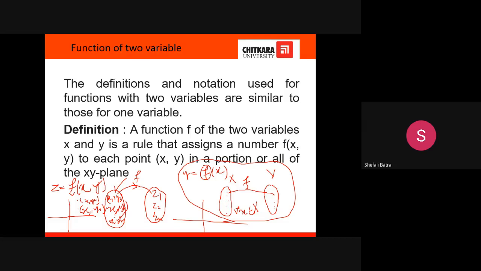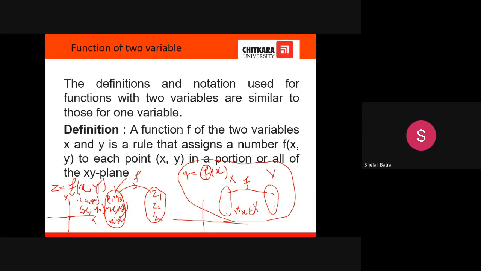And what is the range? Means what is the output? This is your x-axis, this is your y-axis. And above that, at this point you put a vertical line, that would be your z-axis, right? So that would be your range. So what is the difference between a function of single variable and two variables? In a single variable, domain would be your x-axis, and in a function of two variables, domain would be the xy plane, right?